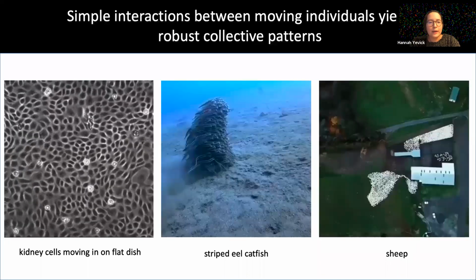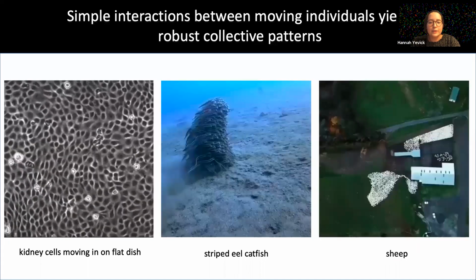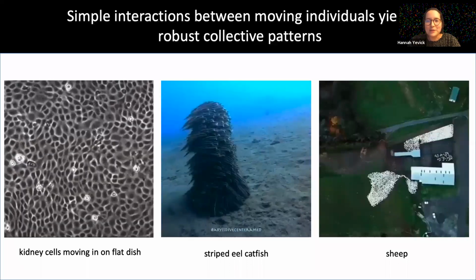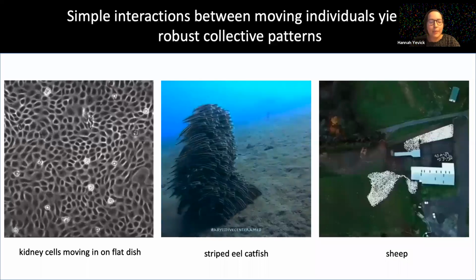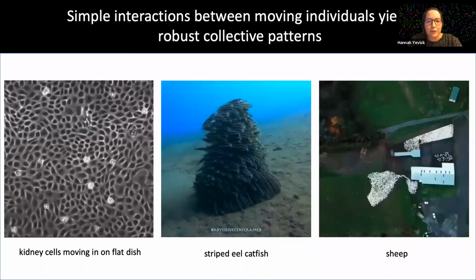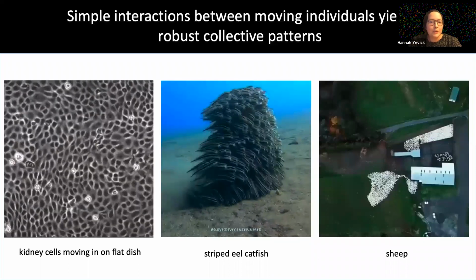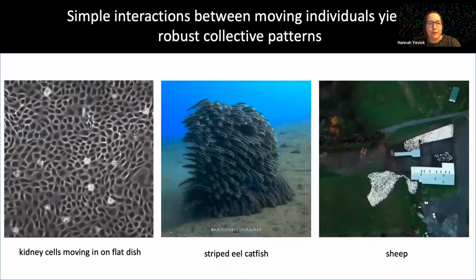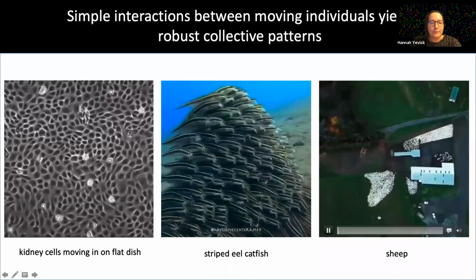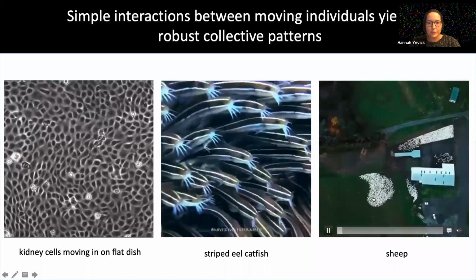One natural framework to describe these emergent population-level patterns is active matter. Active matter systems, as I'm sure you're familiar with, are composed of a large number of self-propelled units, each of which consumes energy to exert force and move.